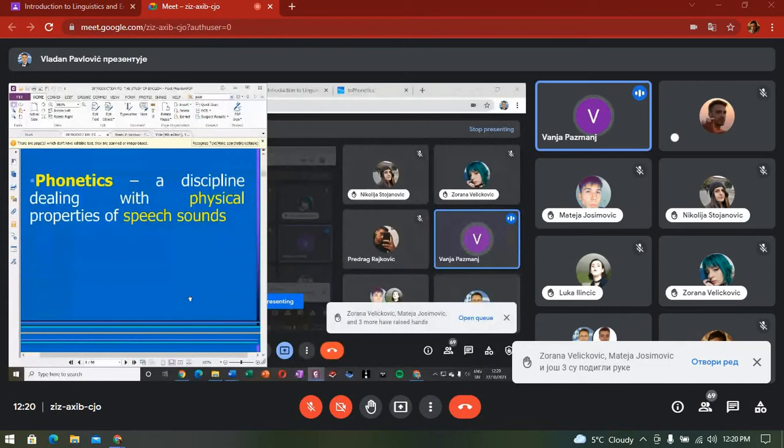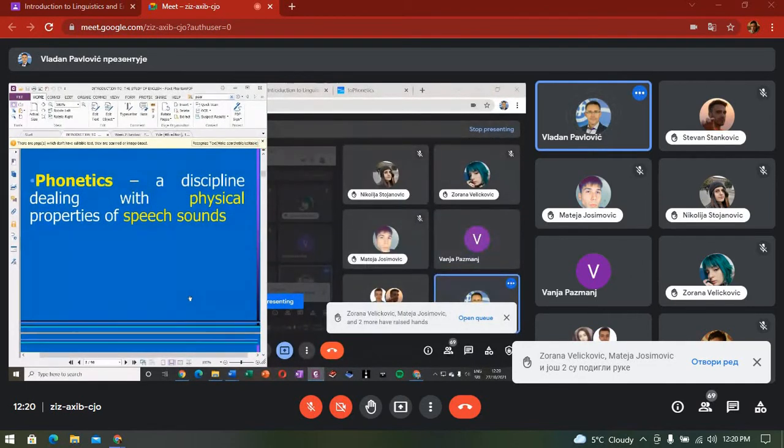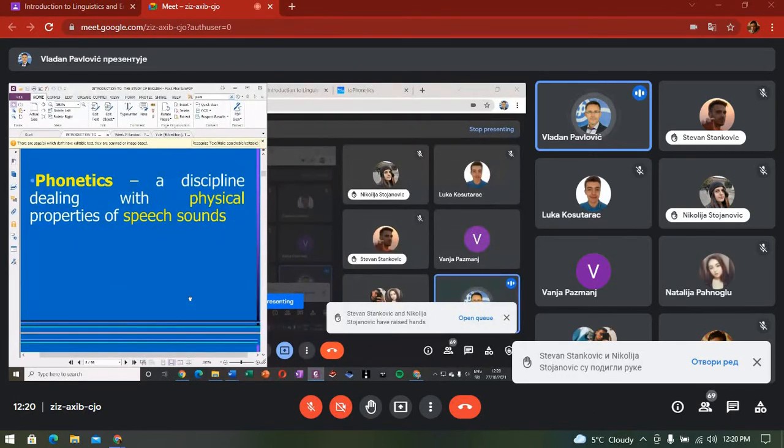The physical properties of speech. Which might be obvious enough now, but when we start studying phonology, you'll see that phonology deals with something else as far as speech sounds are concerned. It deals with various abstract properties of speech sounds, as we'll see, but let's leave that for the next time.